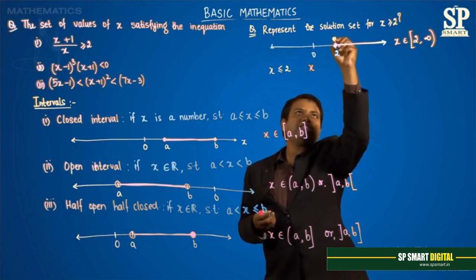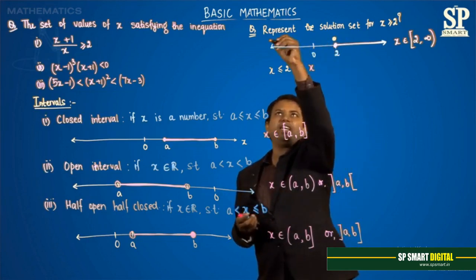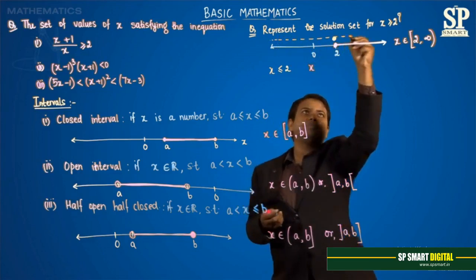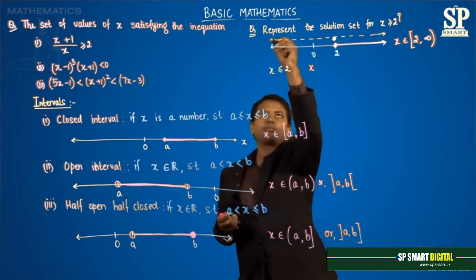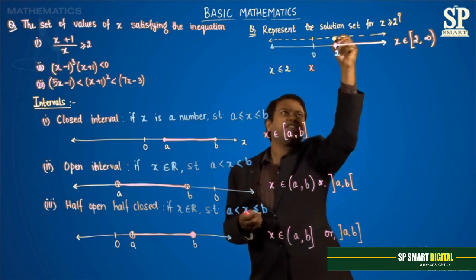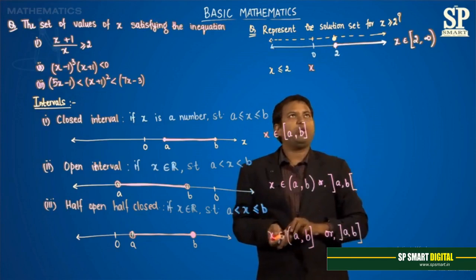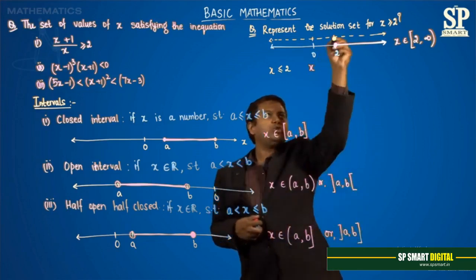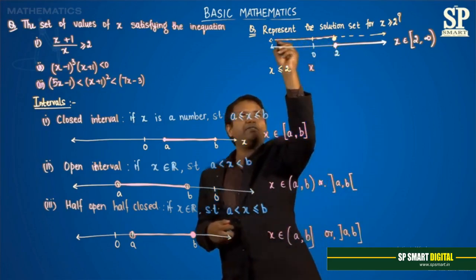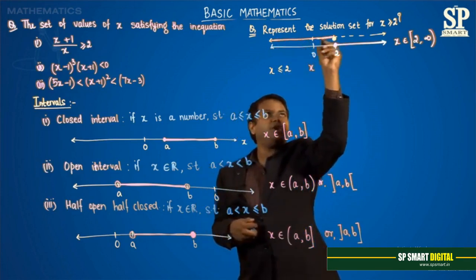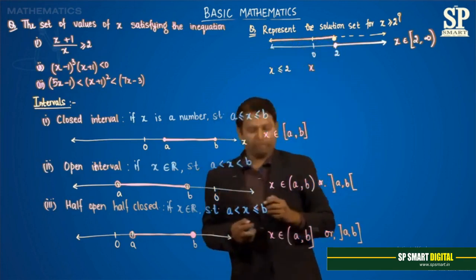So imagine I'm taking a number line here. This is again origin, and this is coinciding with 2. Now our solution set will be from this point 2 and all the points which are lying on the left side of 2.